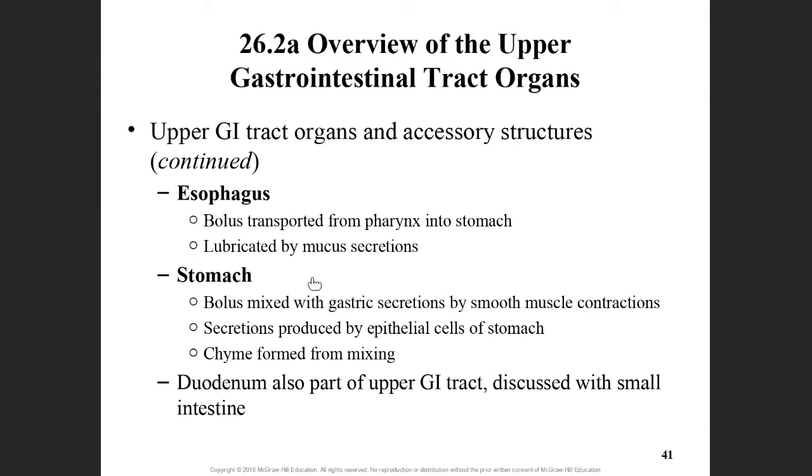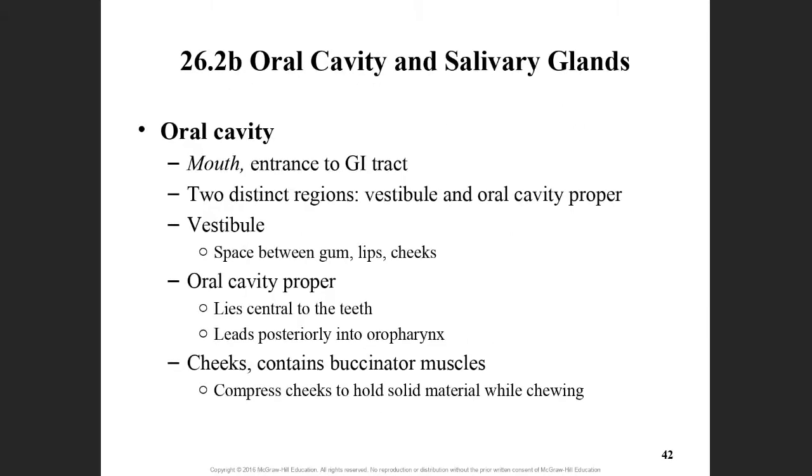The mixing continues, and the acidic puree is called chyme, and the chyme can move to the intestine. I told you that the duodenum is part of our upper GI tract, but I will discuss it in the small intestine. Now about the oral cavity.